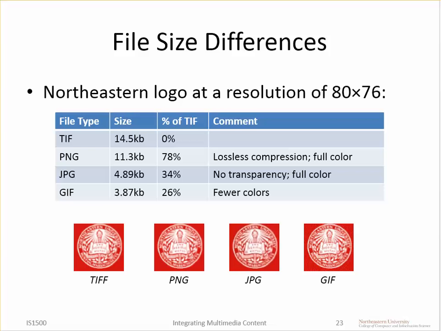It's just as sharp as TIFF, but it has lossless compression like GIF, but a little bit better. So that resulted in 11.3 kilobytes, about 78% of the TIFF. JPEG is the most aggressive, but notice also the most blurry. And with that, we resulted in 4.8 kilobytes, so it's about 34% of the original TIFF.